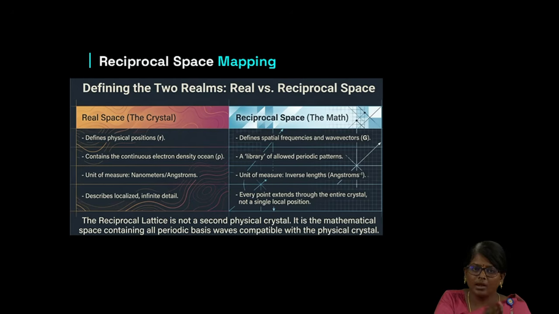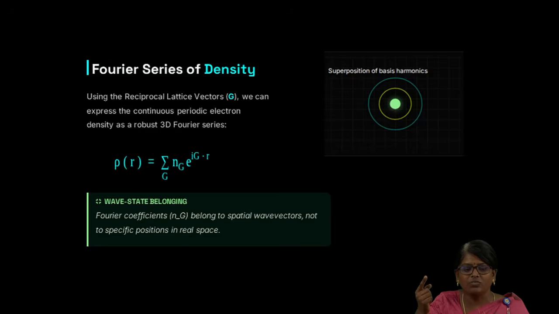In the real lattice we define positions, whereas in the reciprocal lattice we define spatial frequencies. The real lattice contains the continuous electronic charge distribution, whereas the reciprocal lattice contains a library of allowed periodic wave patterns. In the real lattice the unit is measured in length, whereas in the reciprocal lattice the unit is inverse length.